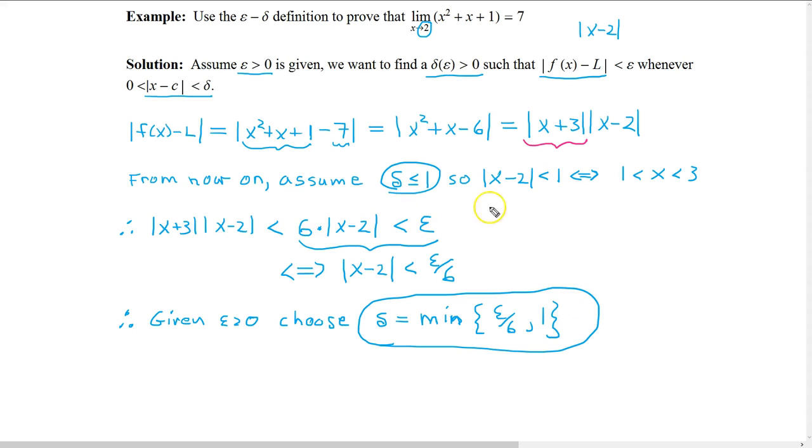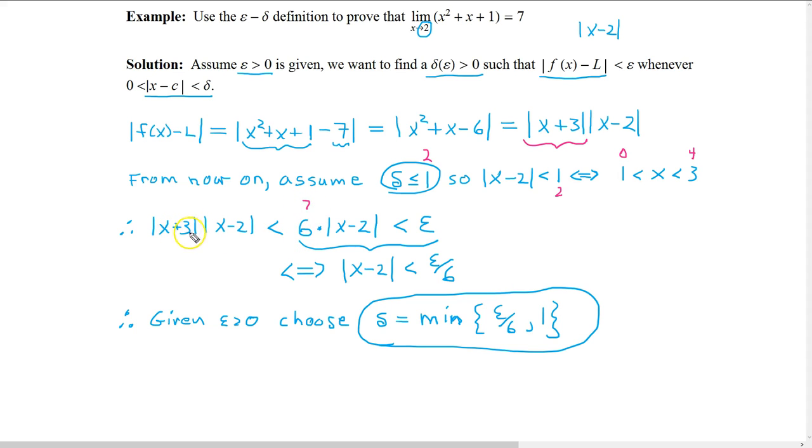Now, just notice one thing here. There's nothing sacred about choosing delta to be less than or equal to 1. We just choose 1 because it's a very convenient number. If we had chosen the number 2 right here instead of 1, say delta is always less than or equal to 2, then this 1 would have changed to a 2, in which case these values would have changed to 4 and 0, in which case x plus 3 would have been less than 7.